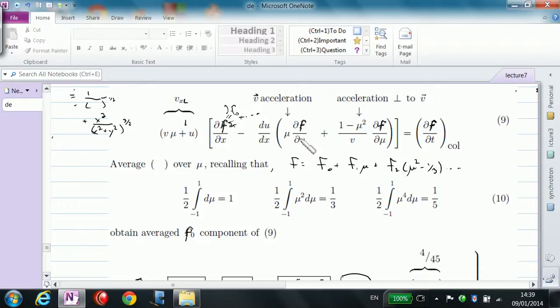Now there was another term here which was proportional to du dx, and actually it's a Compton-Getting factor. Getting was a person who co-authored a paper with Compton.